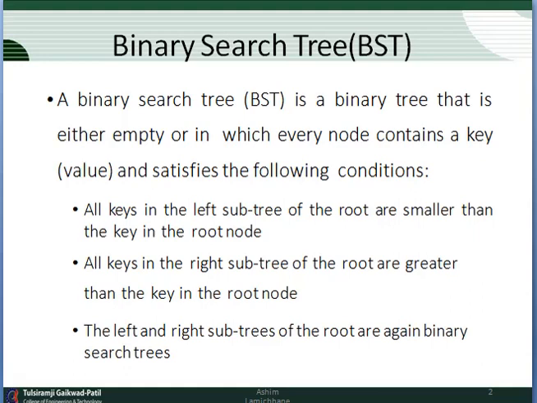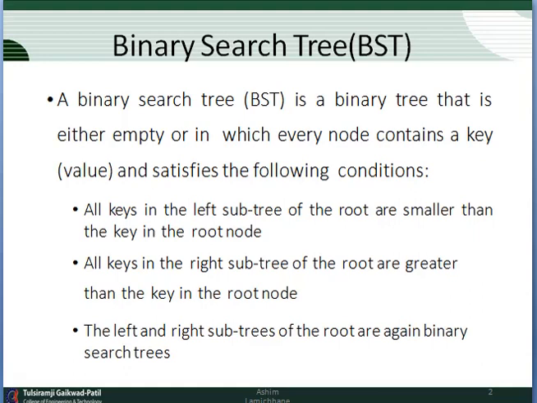First condition I am going to explain: all the keys in the left subtree, whatever the elements or nodes on the left hand side of the root node, are smaller than the key in the root node.